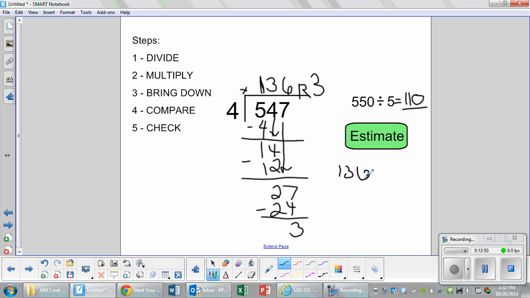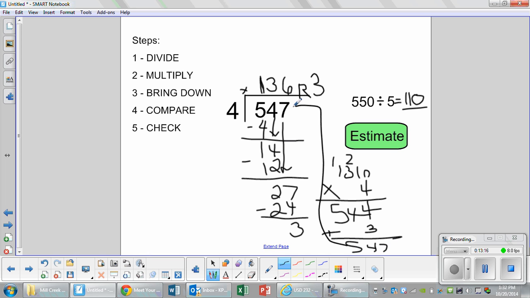When you check this answer, I'm going to take 136 times 4. And I get 544 when I add 3, 547, and that tells me that my answer is correct.